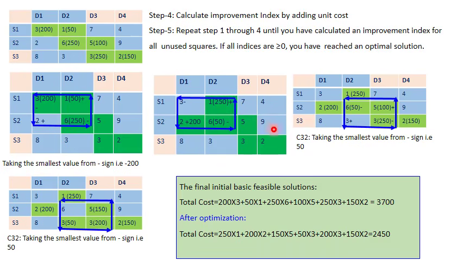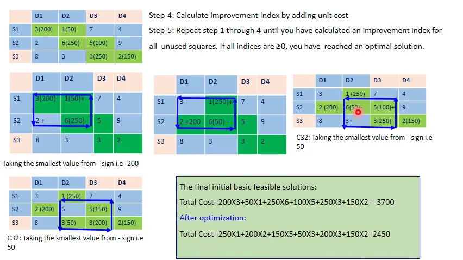And the other cell is C32, that is this one. We start with a plus sign and minus, then plus, then minus, and come to the initial point. And the same is true as we did in the previous table. We compare 50 with 250, and the minimum is 50. So we move this 50 to the unallocated cell.